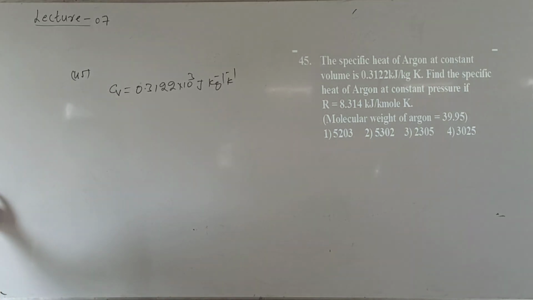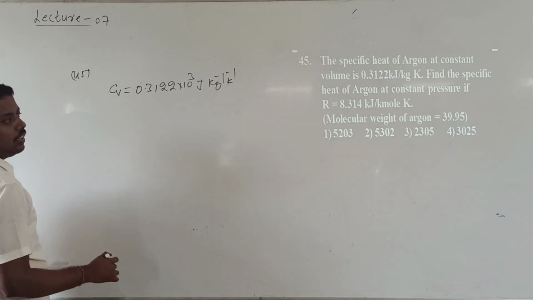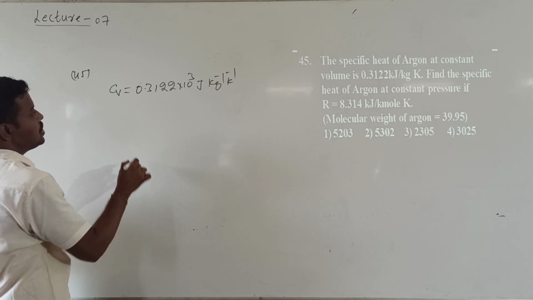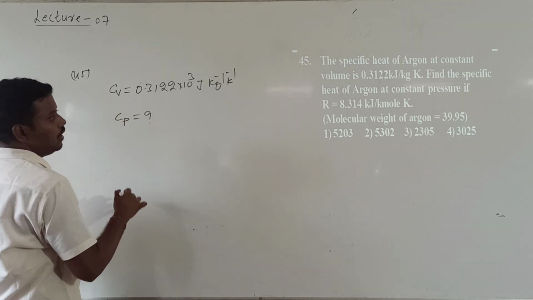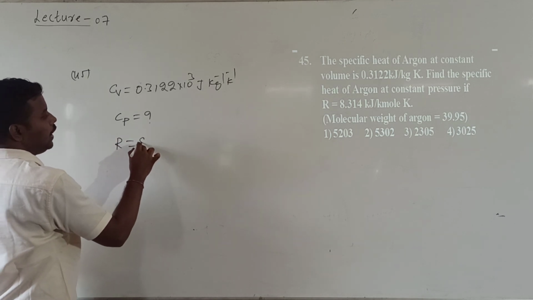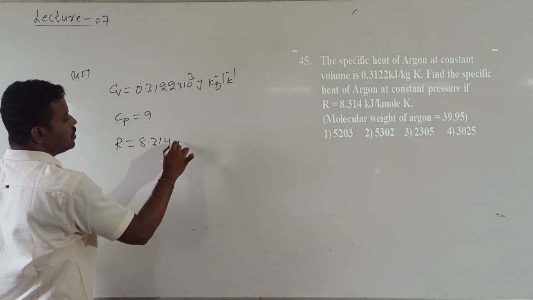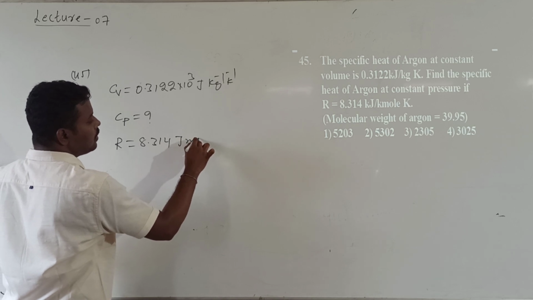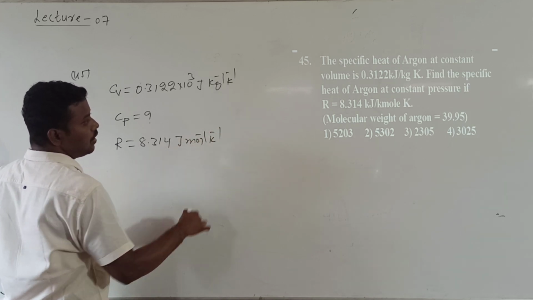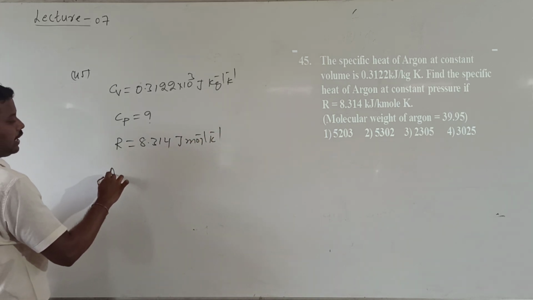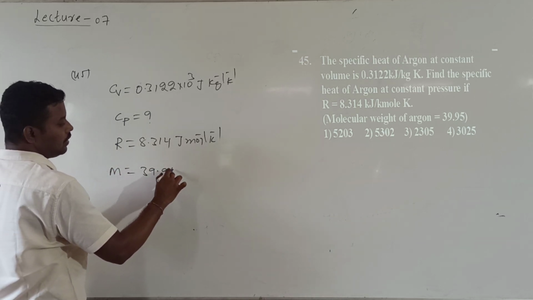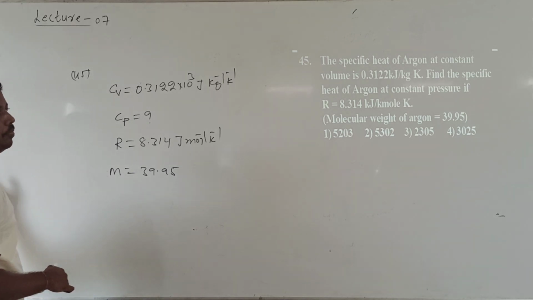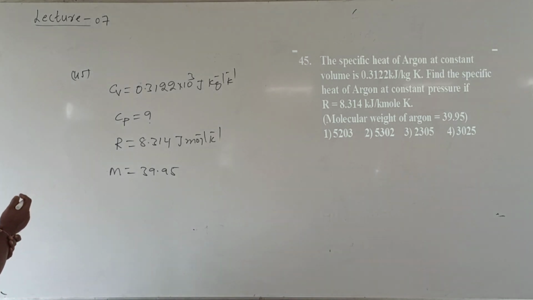Find the specific heat of argon at constant pressure. They are asking to calculate the Cp value. And R value is given as 8.314 joule mole inverse Kelvin inverse. The molecular weight of argon, capital M, is given as 39.95. Okay now? Molecular weight value is given.